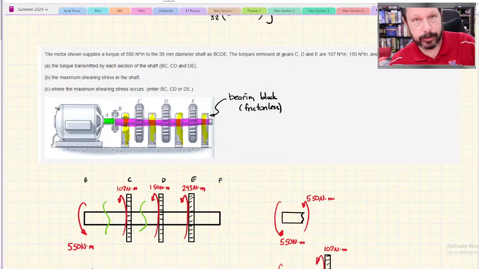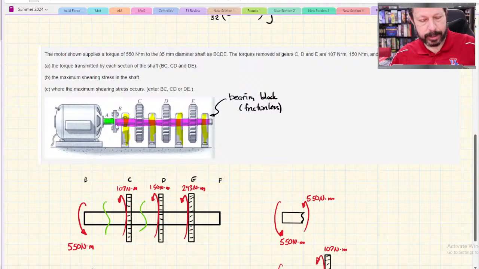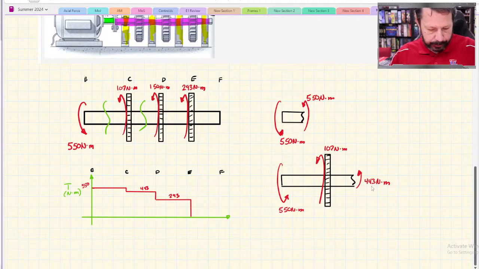So it would be the 550 Newton meters. So that's what AB is, something like this, bolting the green shaft to the pink shaft is what it's doing. Hopefully that makes sense.